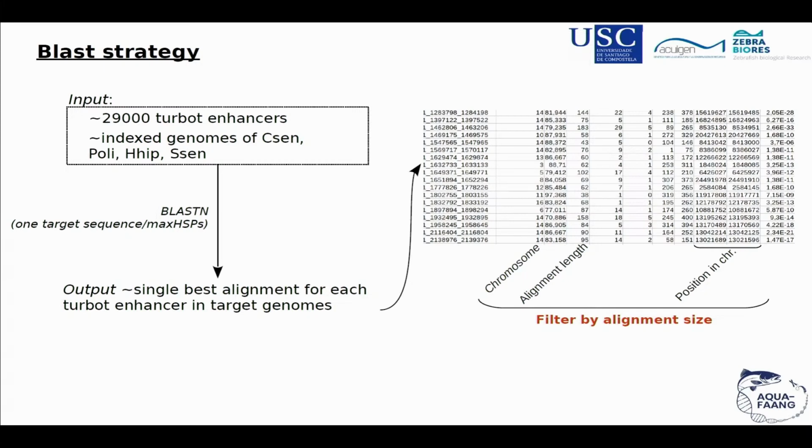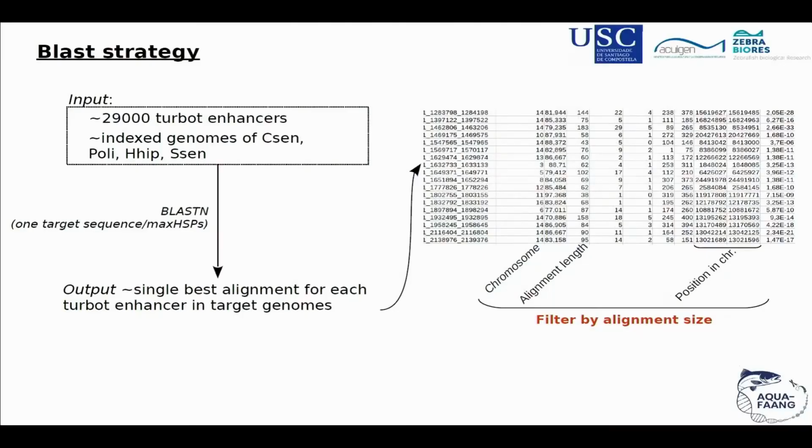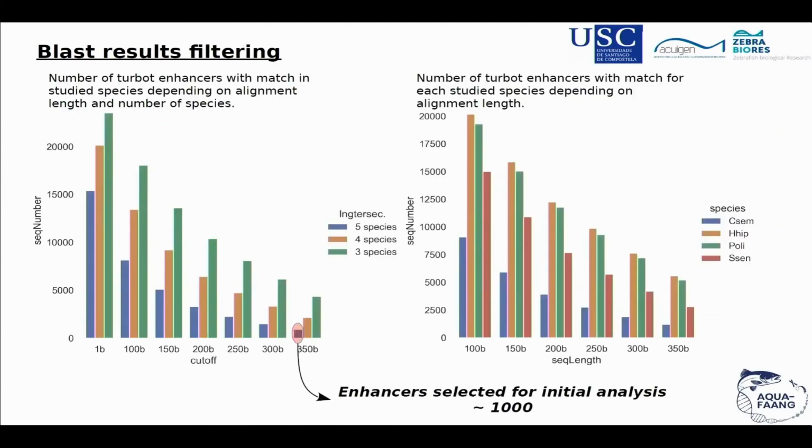The output we got was the best single alignment for each turbot enhancer in the target genomes. With this data, what we first did was a filter based on the alignment length. This filter produced a lower number of alignments as the alignment length increased, being the lowest number of alignments when the 5 species were considered together, followed by 4 and 3 as expected.